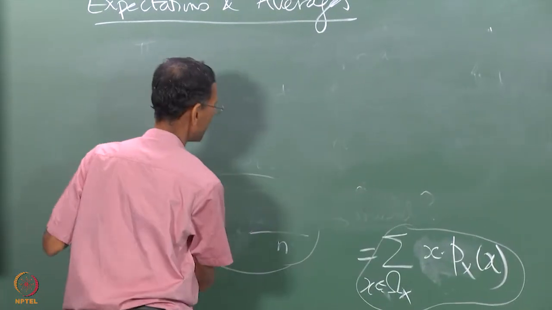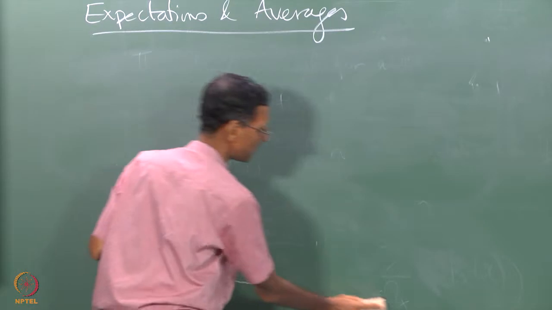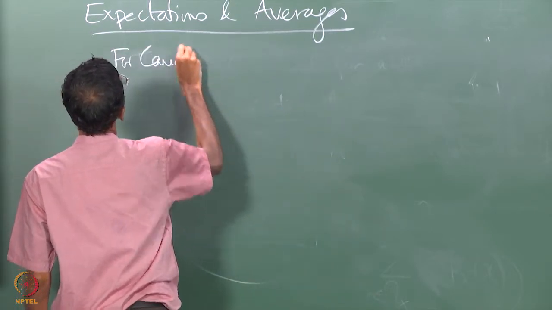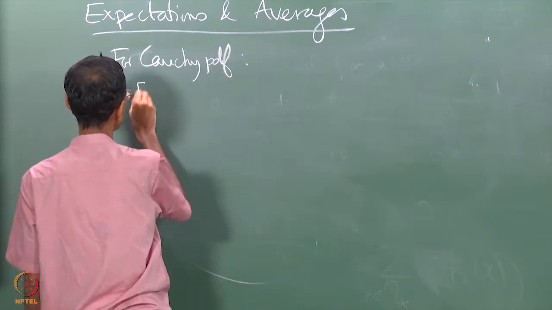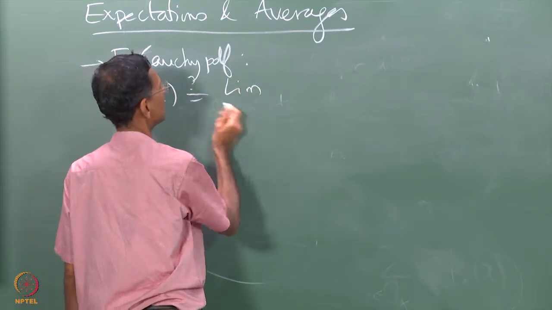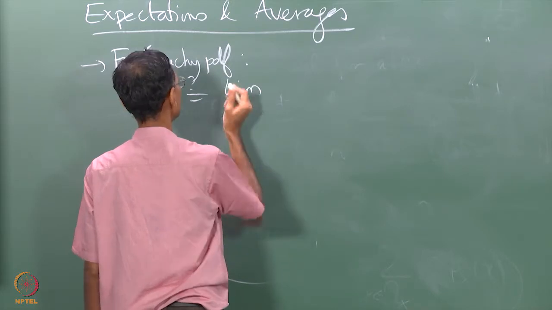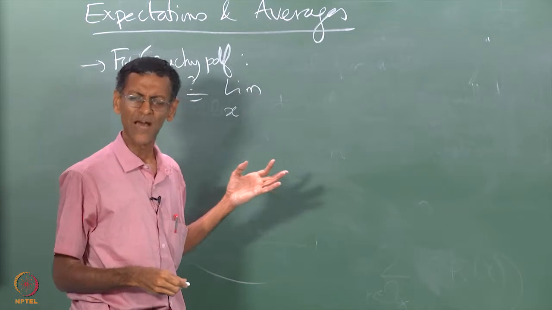Why do I get infinity minus infinity? Let me write it here. If I consider E[X] as a limit as some x going to infinity, what is our standard notation for some large real number?